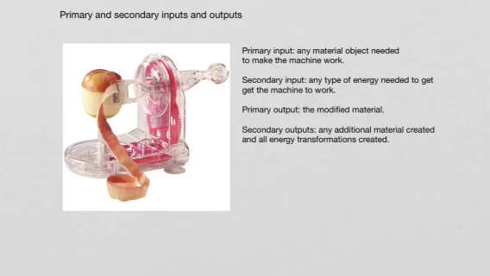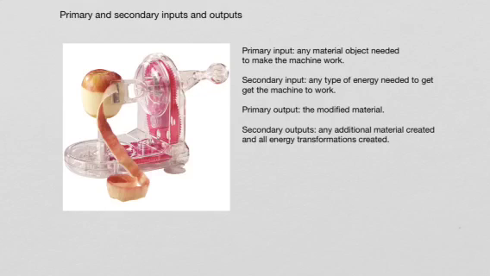My turning the handle is going to cause all of these gears to turn, which is going to not only cause the blade to turn, the little blade here is going to go around and around, it's also going to cause the mounting system, the system that the actual apple is stuck into with the prongs, to turn as well. So my outputs here are going to be another form of kinetic energy.